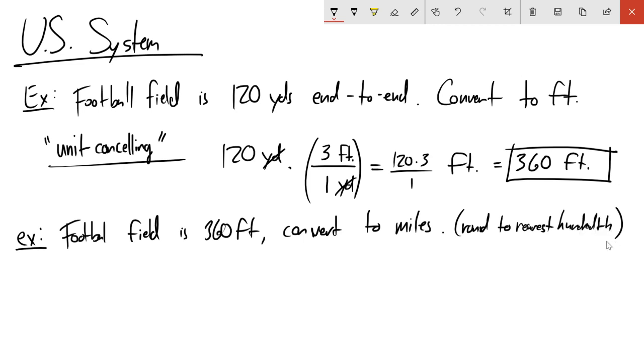So we know how long it is in feet now. Now I want to figure out, if I run down a football field, what portion of a mile have I run? It's not going to be a whole mile, but it'll be some fraction of a mile. All right. So how would we do that? You go back to your conversion table. How many feet are in a mile?